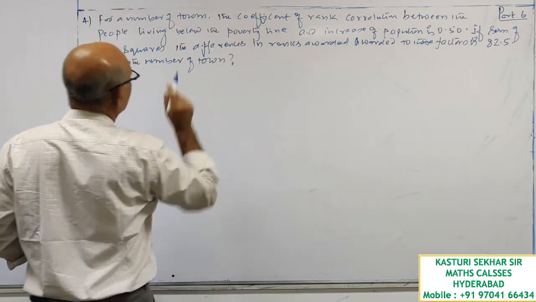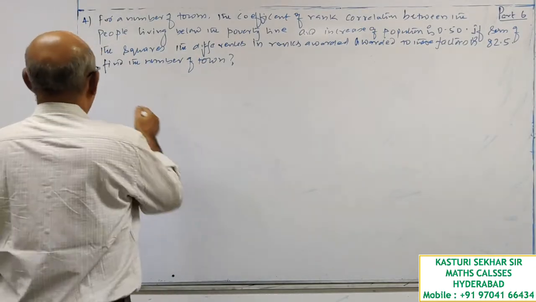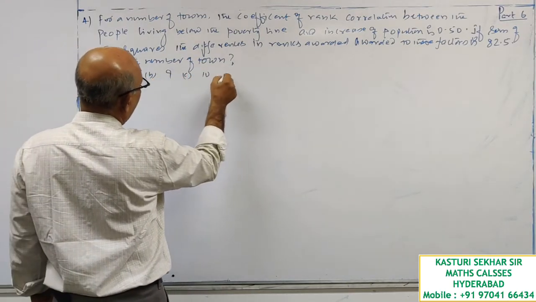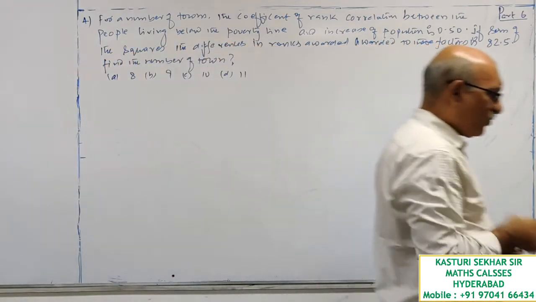Option A 8, option B 9, option C 10, option D 11. So we have 4 options.